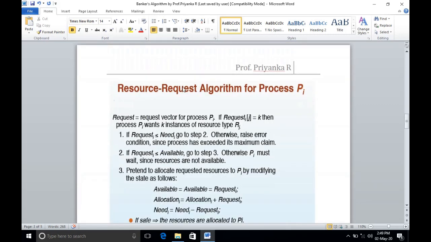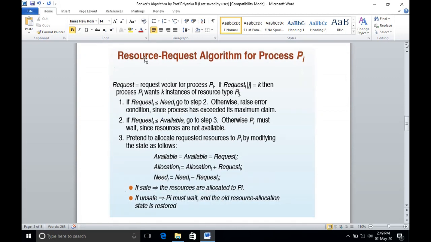Moving forward to the second stage, the resource request algorithm for a process Pi. Here the request is the request vector for process Pi. If Request of Pi[j] is equal to k, then process Pi wants k instances of resource type Rj. Now we have to satisfy these conditions. If request is lesser than or equal to need, go to step 2. In step 2, if request is lesser than or equal to available, we go to step 3.